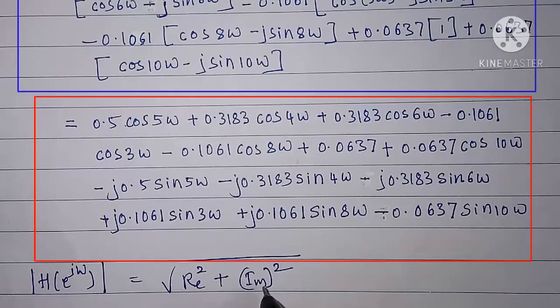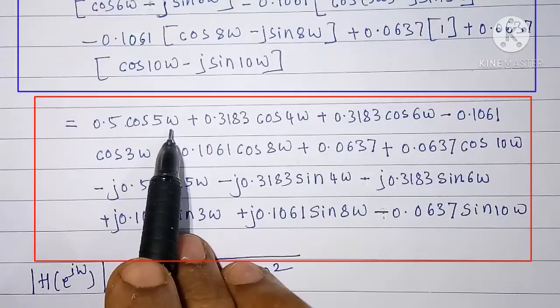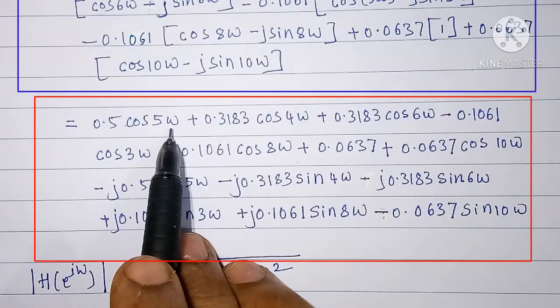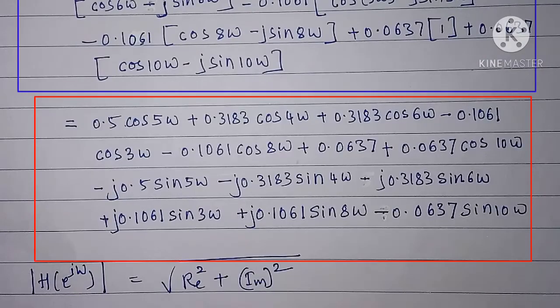And real part and imaginary parts here are to be evaluated for different omega value, say omega starting from 0 to pi radians per sample.